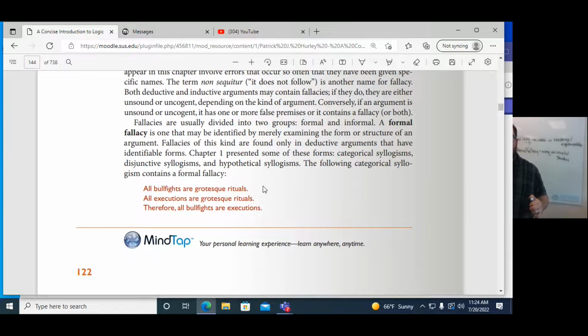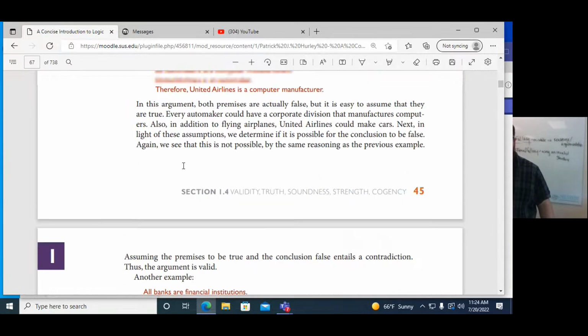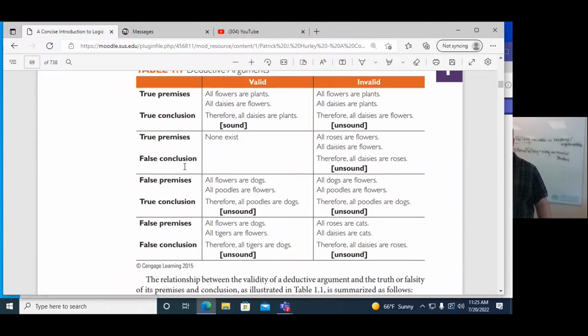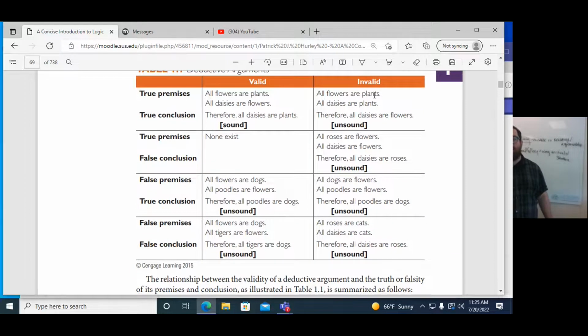Let me go back to about page 48 or so. Deductive arguments. Here we go. Take a look here at the words plants and plants. These are invalid. That actually has the same form as every single argument in this column.